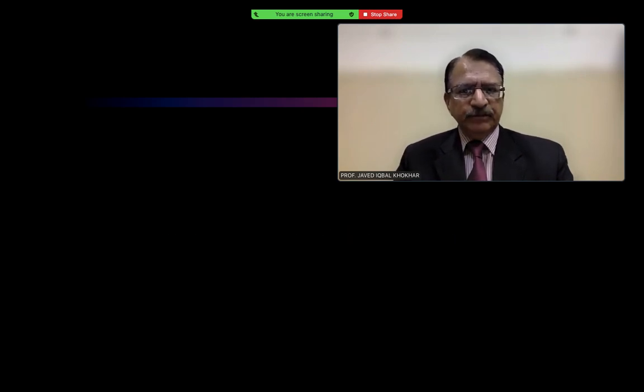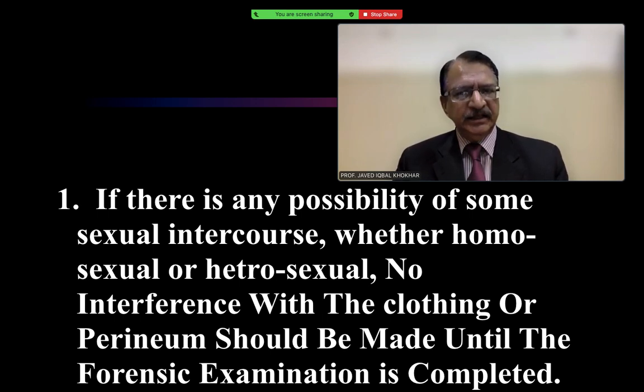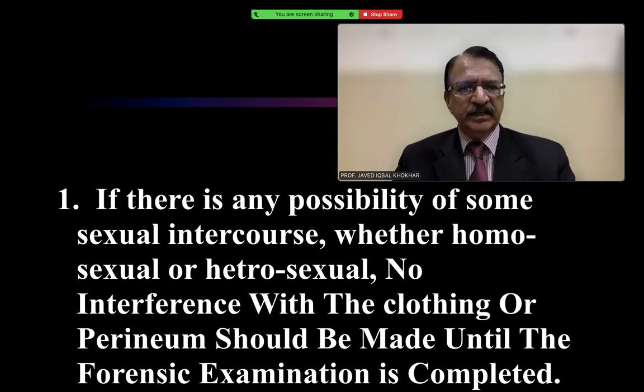Now, regarding the important precautions, if there is any possibility of sexual assault, intercourse, homosexuality, or exosexuality, no interference should be done. So the clothing and the perineum should not be disturbed until the other forensic examination or the collection of trace evidences has been completed.